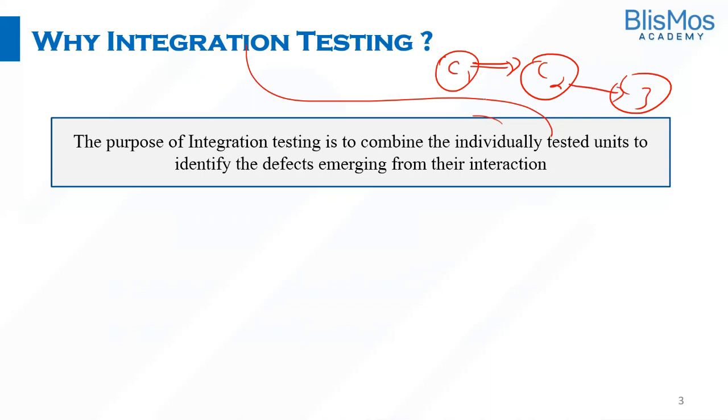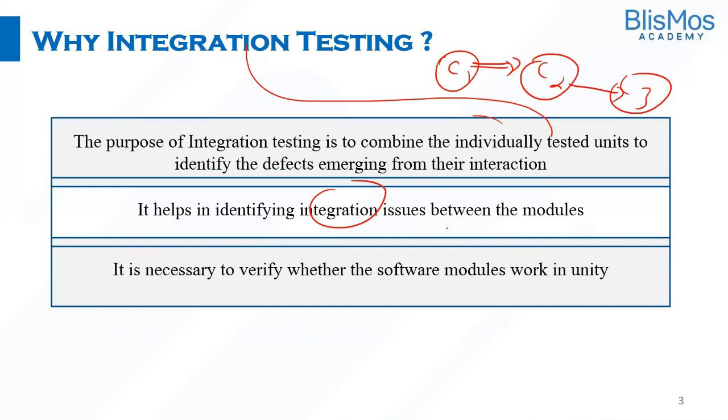When I say talking, are they able to exchange the data in a manner that the data flow is proper? If there are any integration issues between the modules, we'll be able to identify them as a part of integration testing. We'll verify whether the software modules are working in unity.